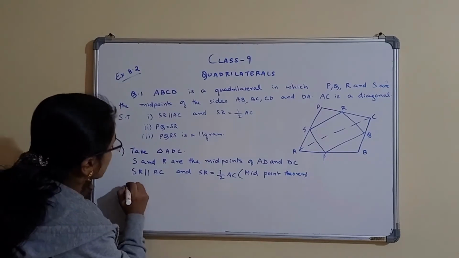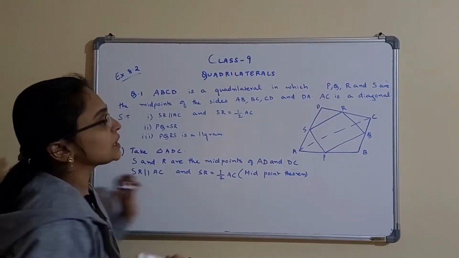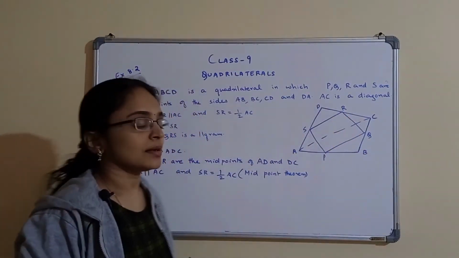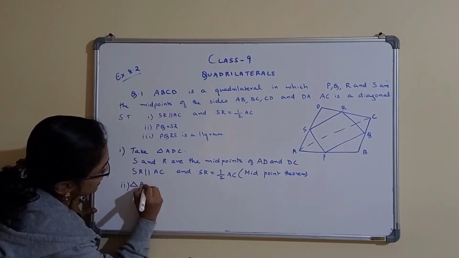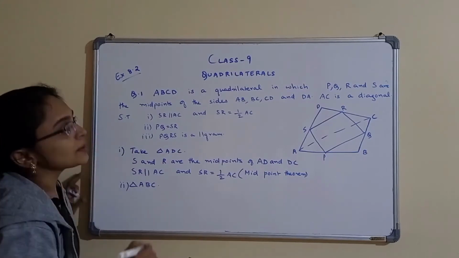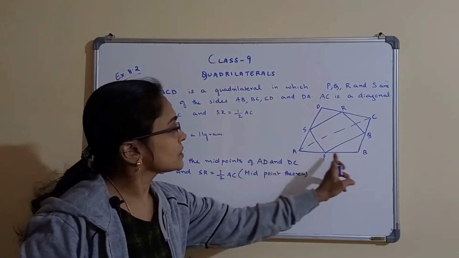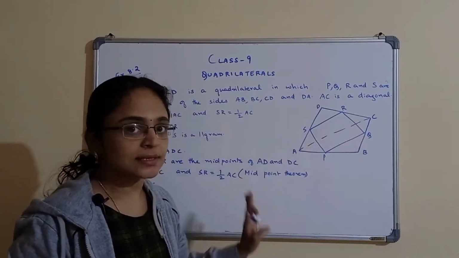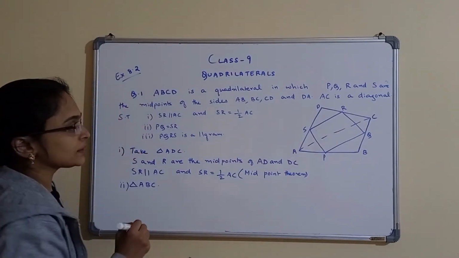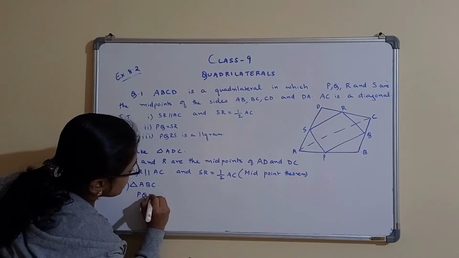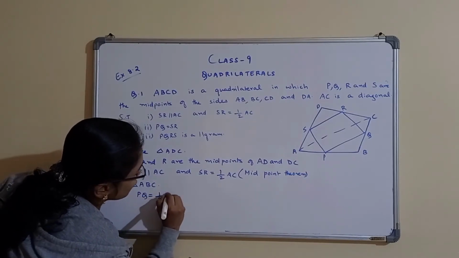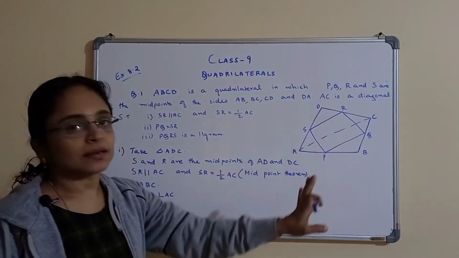Okay. Now, second part, we have to prove that PQ is equal to SR. Here, we can take triangle ABC. Taking triangle ABC, P and Q are the midpoints of AB and BC. It is given. So, by midpoint theorem, we can say that PQ is equal to half of AC and PQ is parallel to AC.